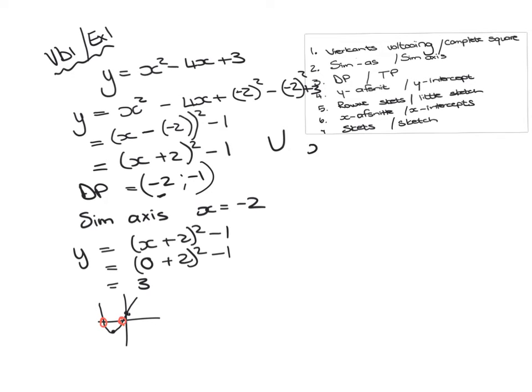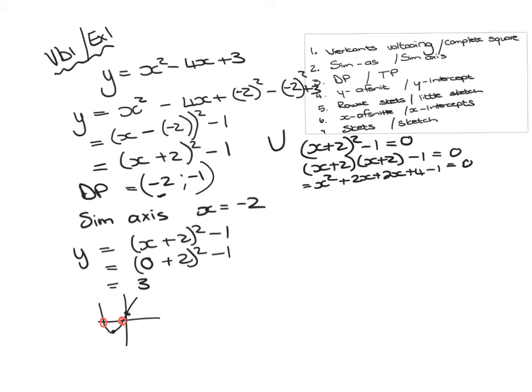So kom ons gaan werk die x afsnit uit. You'll say x plus 2 squared minus 1 equals to, instead of y, you write 0. Now you write this out twice, jy skryf hom 2 keer presies soos hy is uit. Nou gebruik jy die voeltjie bekkie, en dit is mos nou x maal x is x kwadraat plus 2x plus another 2x plus 4 minus 1 equals to 0.